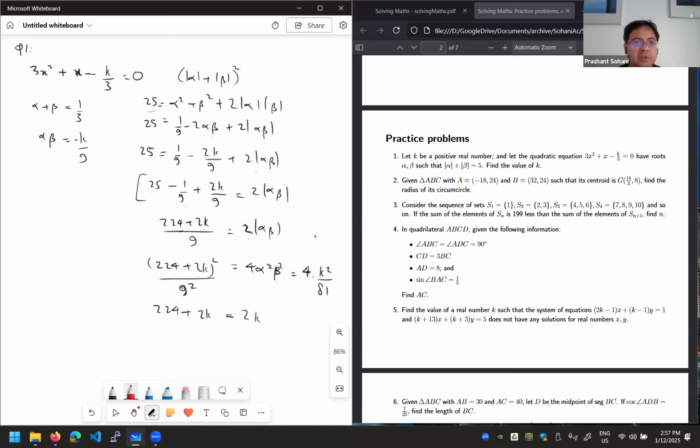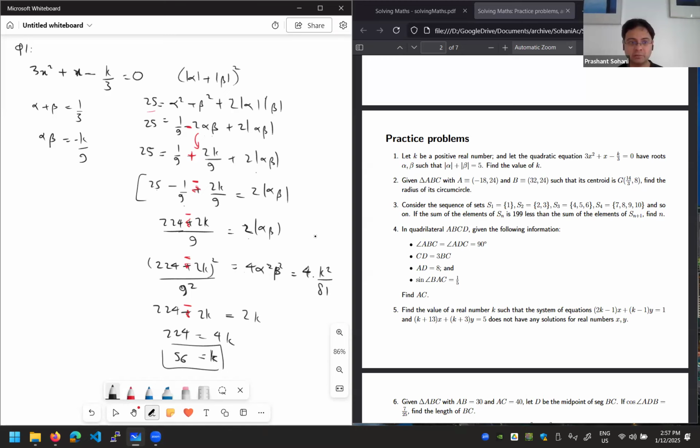Okay, I think I made a mistake here. So here minus alpha beta is minus k by 9, right? And when it went from this to this step, this minus should have become plus, which I missed. So when I take it to the other side, this will remain minus. So this will also remain minus. So therefore, I'm getting the equation 224 is equal to 4k, and therefore k is 56.